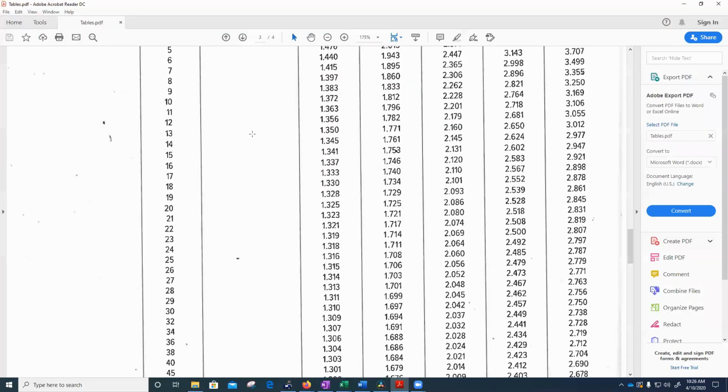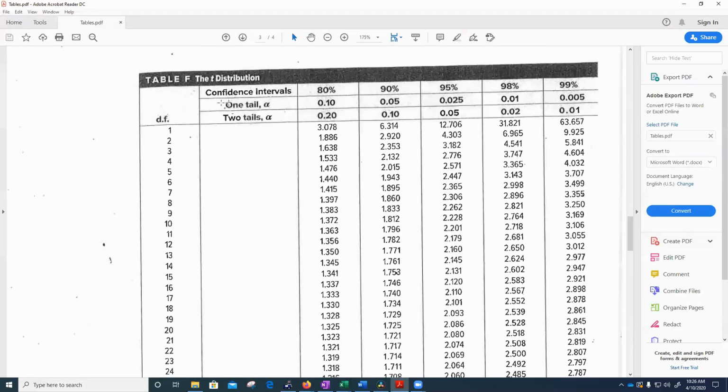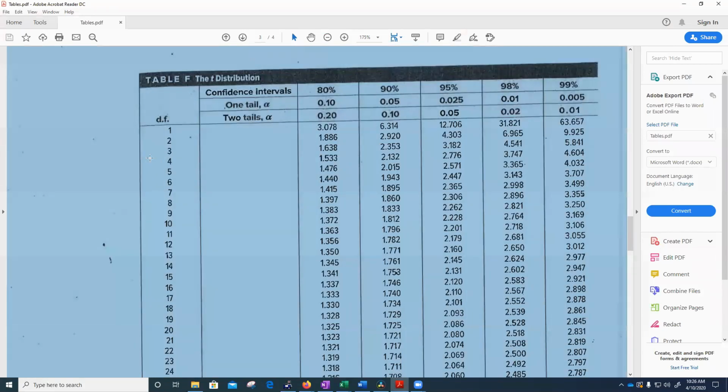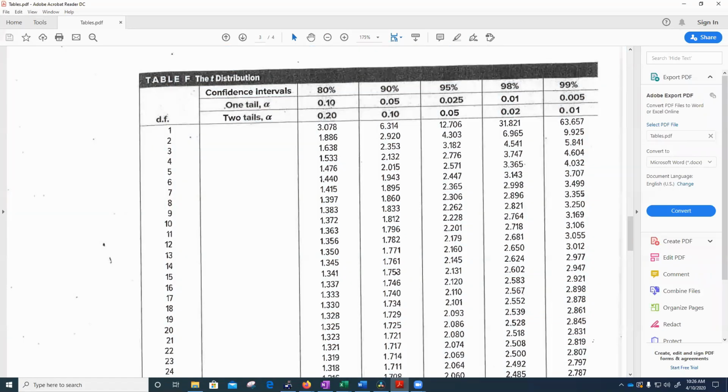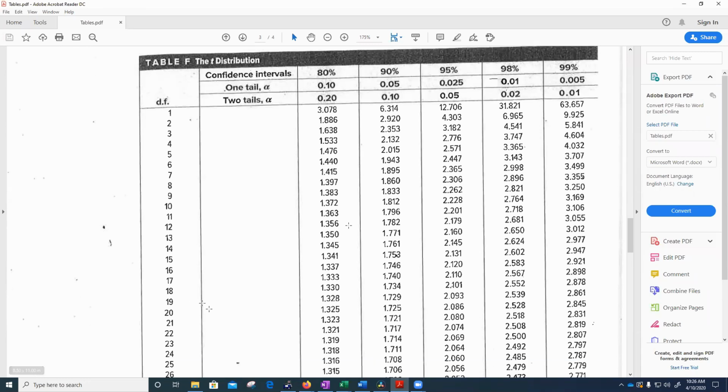So I'm going to check alpha 0.01 with degrees of freedom 24. Remember, this is a one tail problem, so you have to check the one tail here. My alpha is 0.01, and the corresponding degrees of freedom is 24. So check 24 and 0.01 under one tail. It is 2.492, right? So my positive t value is 2.492.